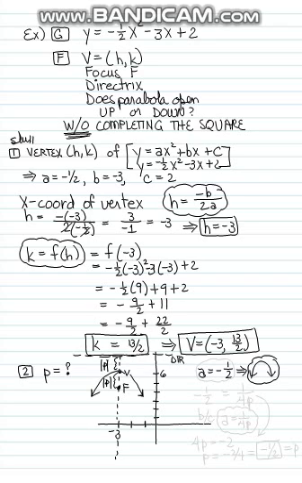We're going to use the given fact that a is equal to negative 1/2 to find the answer. We are going to say that negative 1/2, our a value, is equal to 1 over 4 times p. The reason we know that is because we are told in the notes that a is equal to 1 over 4 times p. That's given information in the introduction of the parabola. So we just replace the a with negative 1/2.